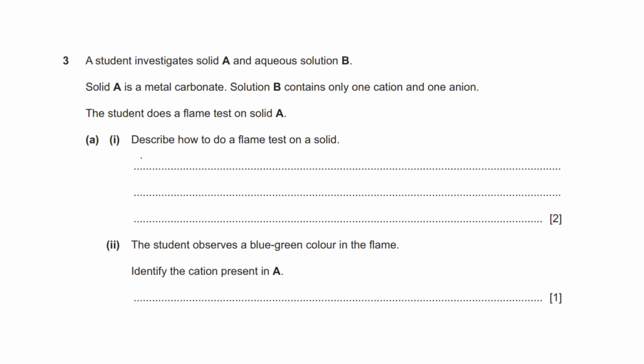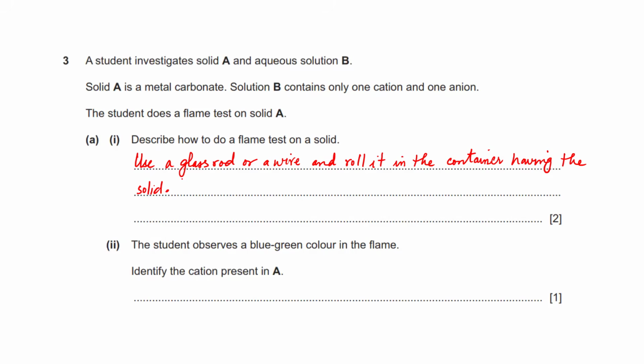So use a glass rod or a wire and roll it in the container having the solid, or use some powdered sample of solid A. So the glass rod has the solid.